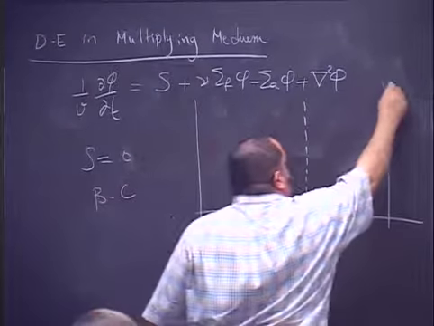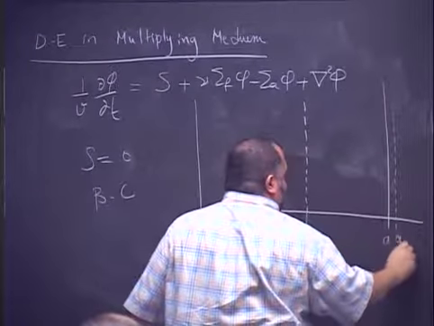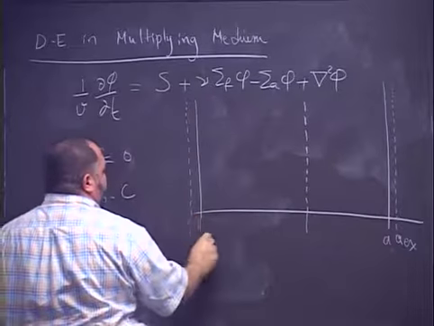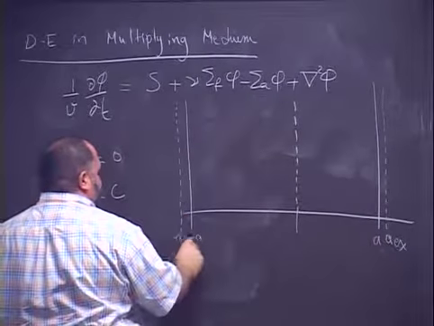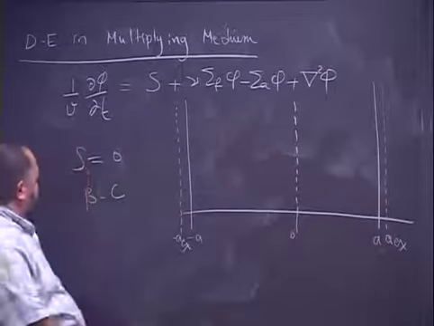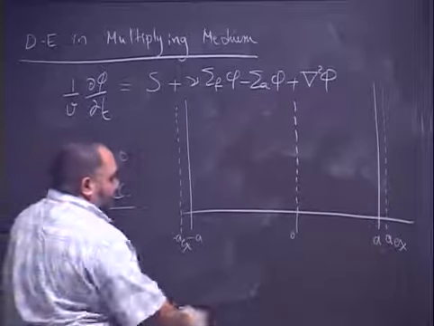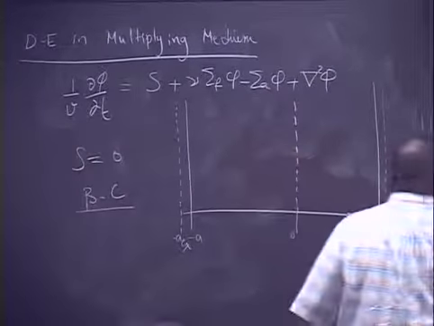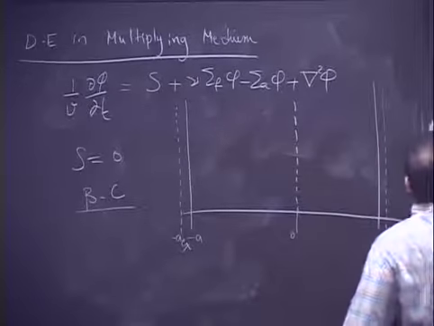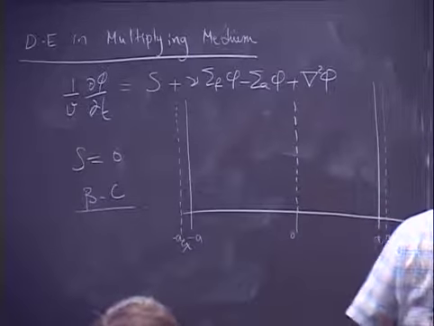So this is A, and this is A extrapolated, and this is minus A, and this is minus A extrapolated, and this is 0. Now, before the boundary condition and the initial condition, I will assume this is what type of equation. This equation is what type of equation?